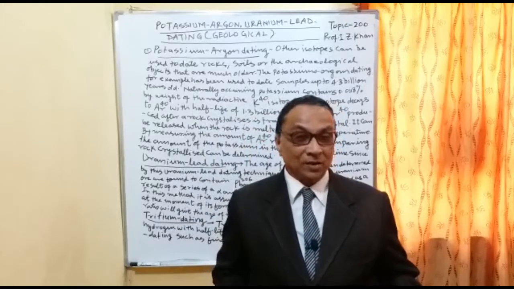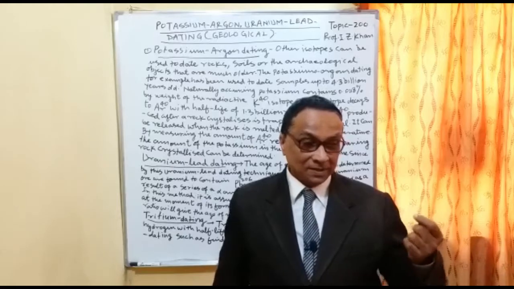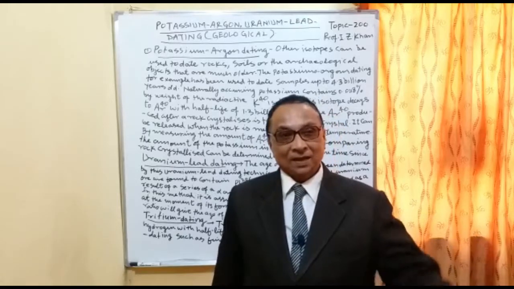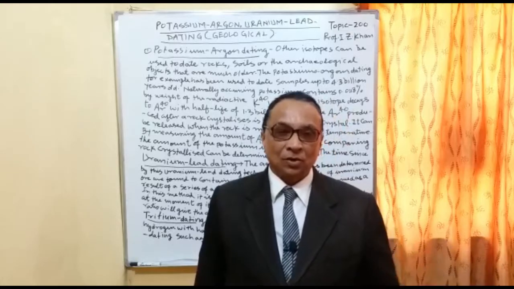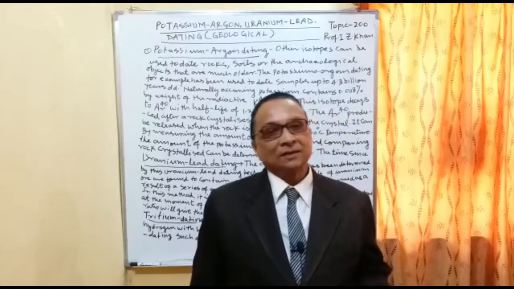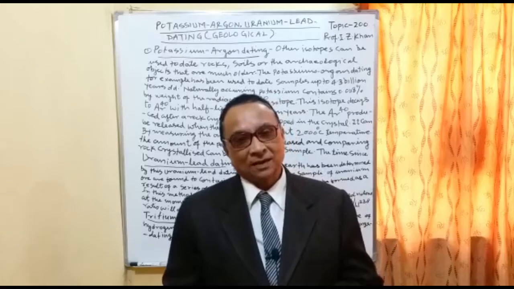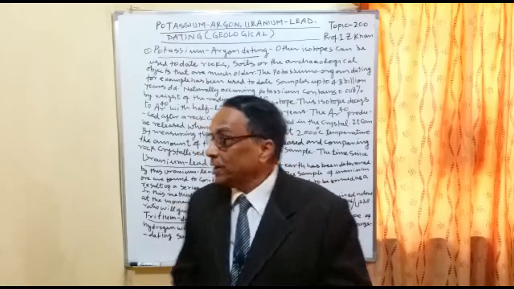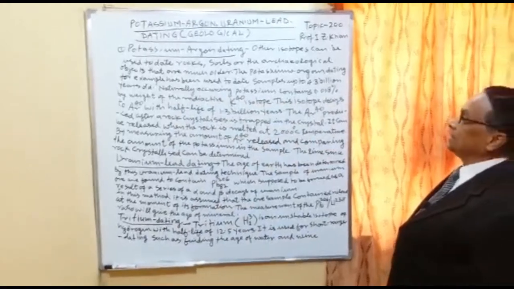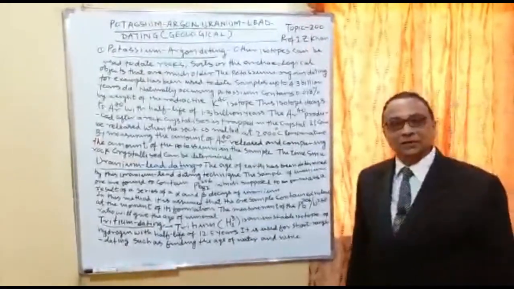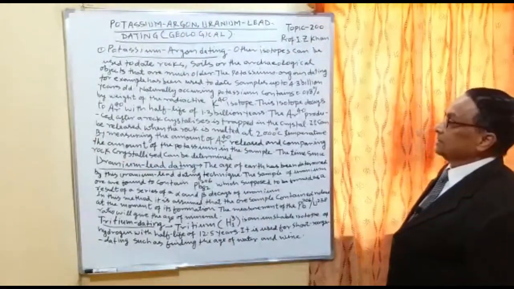Sometimes they claim that this beer or wine is 10 years old or 5 years old, so with tritium isotopic dating you can know. Potassium-argon and uranium-lead dating are also known as geological dating.